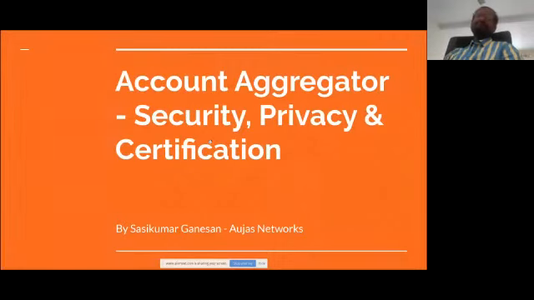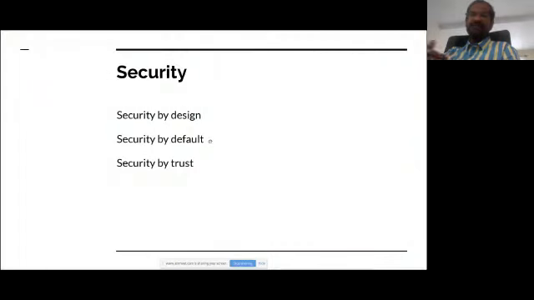Okay, guys. We'll speak about the account aggregator's security design, privacy, and what we cover as a part of the certification as well. And account aggregator security is something a little unique in its nature, in that the design for it has started from day one, when we put across the paper for account aggregation.